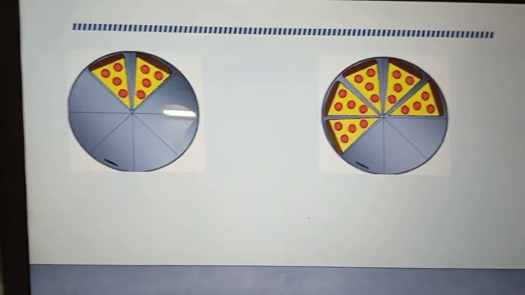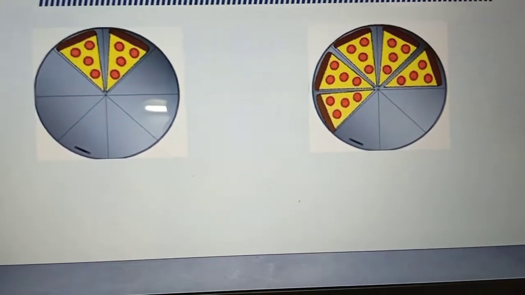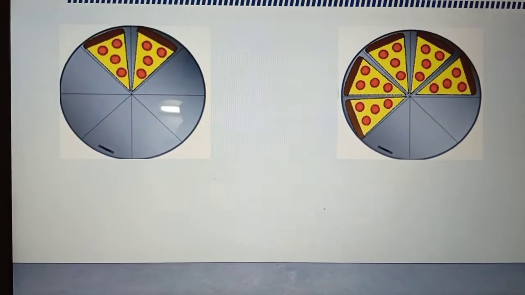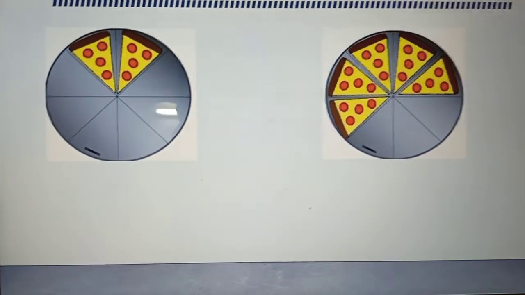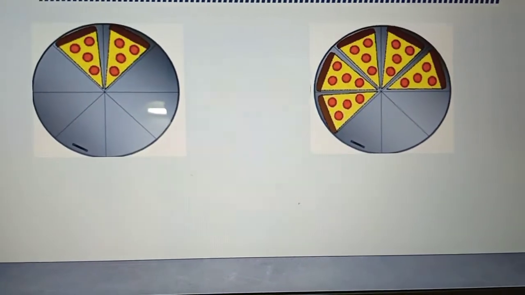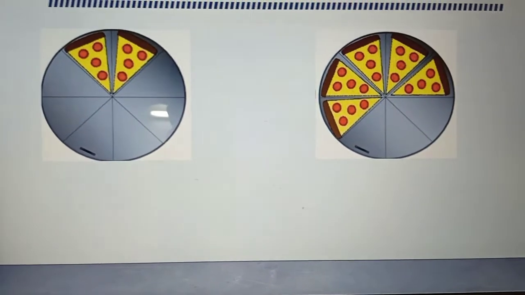We go for pizza now. You try to imagine. At home, Appa or Amma buys you 2 pizzas, same size pizzas.